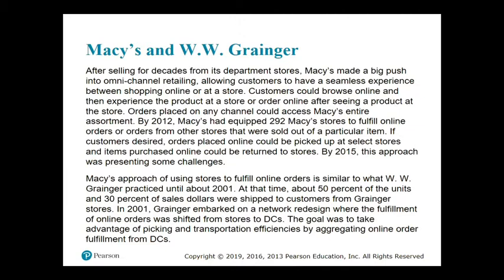And the goal is to take advantage of picking and transportation efficiencies by aggregating online order fulfillments from DCs. So a question is, comparing Macy's and W.W. Grainger's models, should online orders be fulfilled from distribution centers or retail stores?